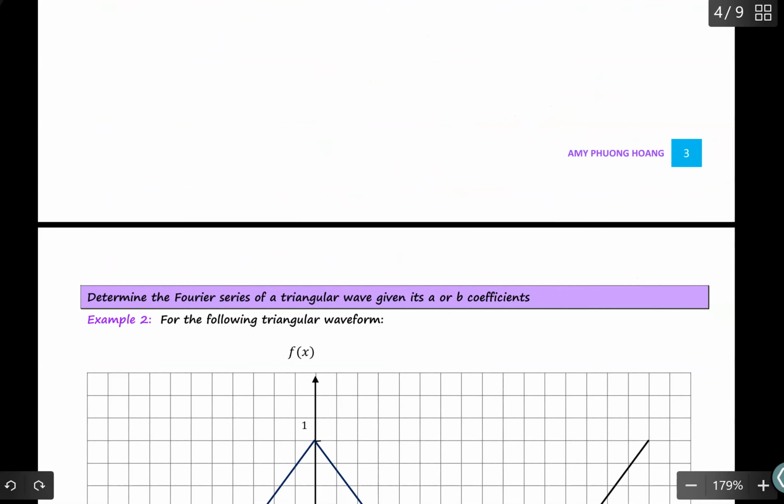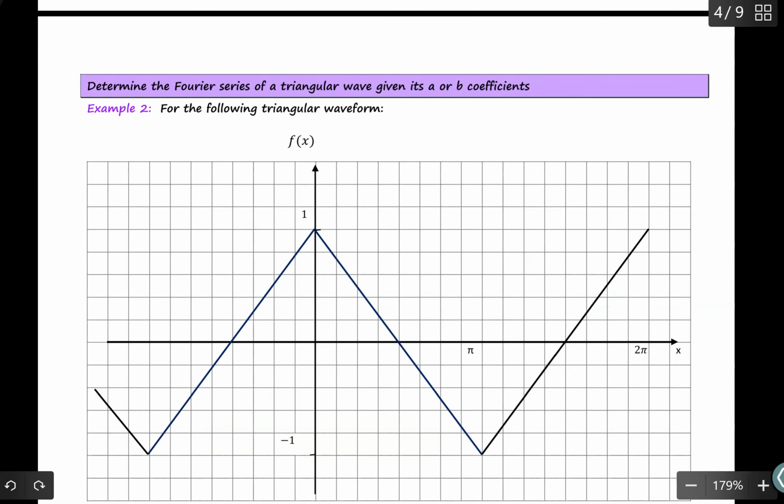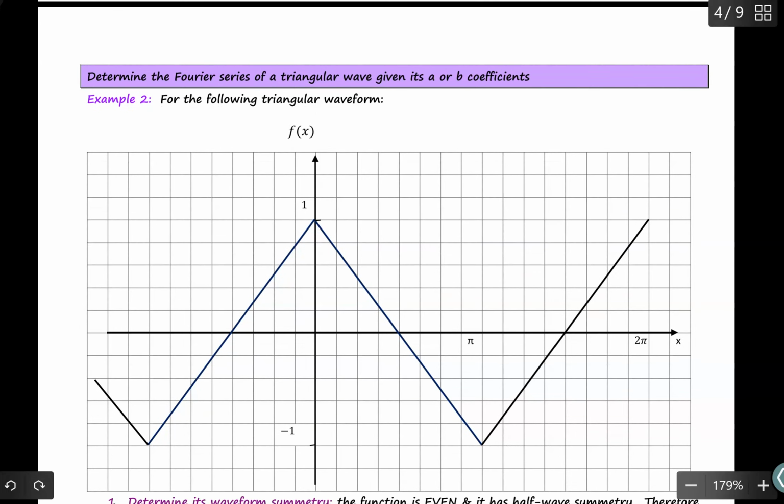Now I graph this triangular wave, but I move it over to this part, in the interval from 0 to pi to 2 pi.